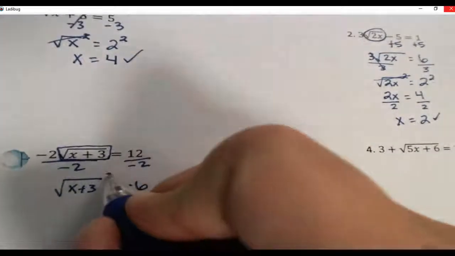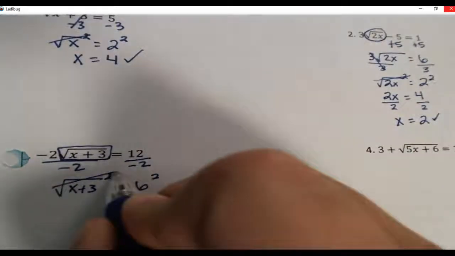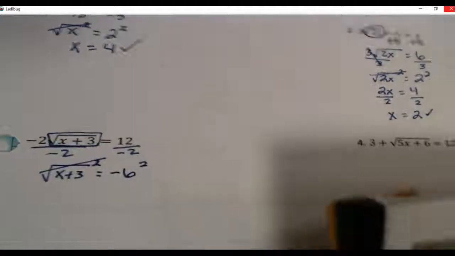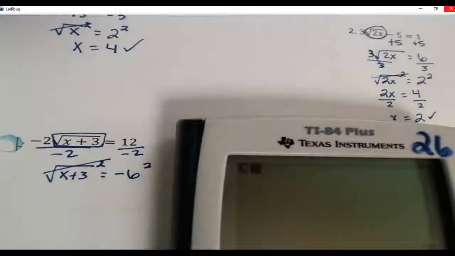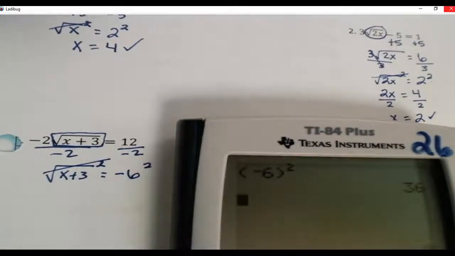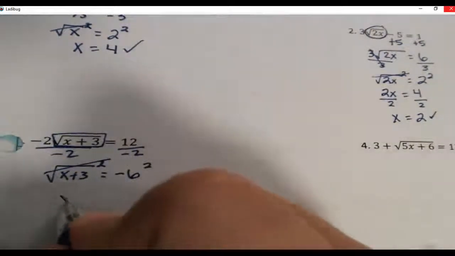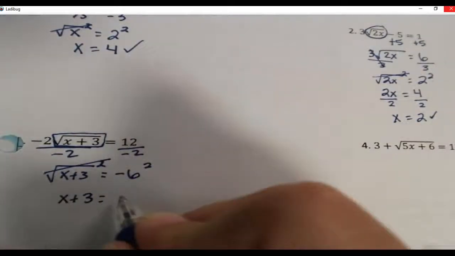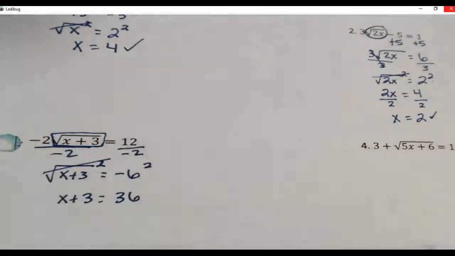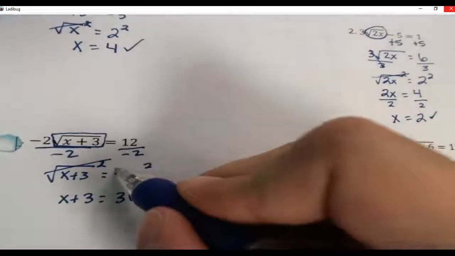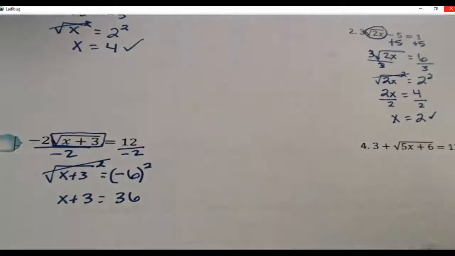So then square both sides. You are squaring the 6 and the negative, so if you type in your calculator, you type -6 in parentheses squared. And we get 36. So both the negative and the 6 are squared. So -6 times -6 is positive 36.